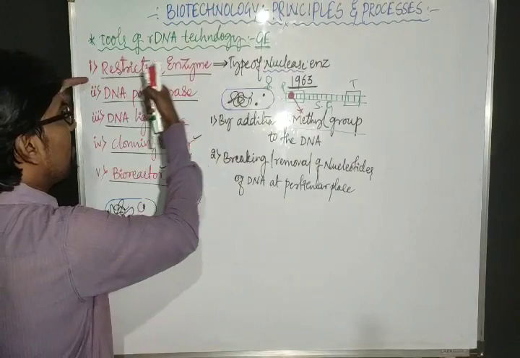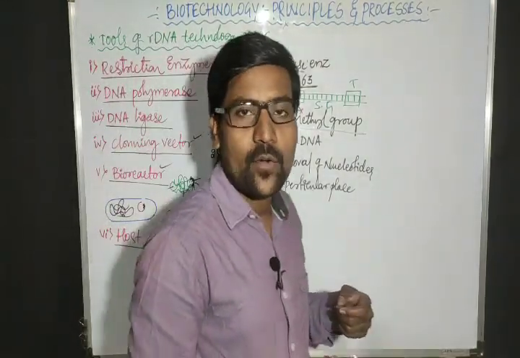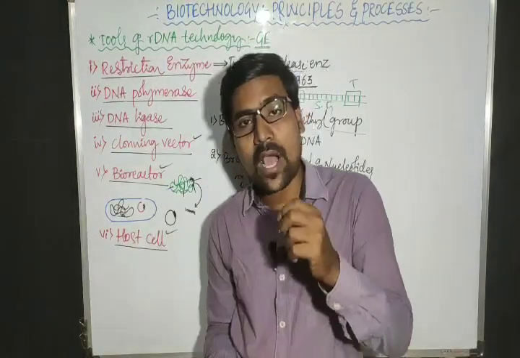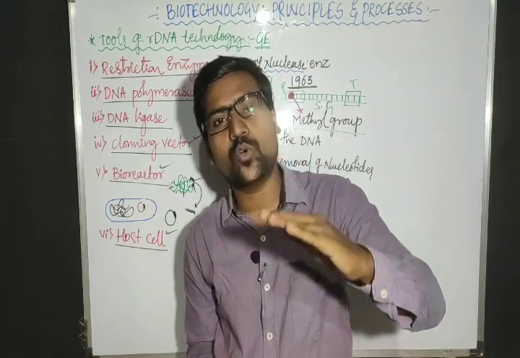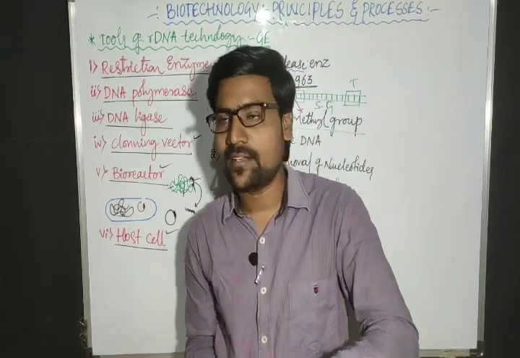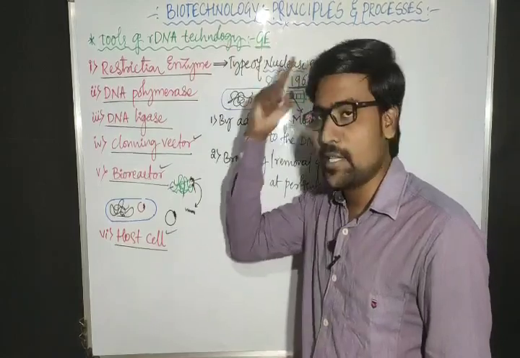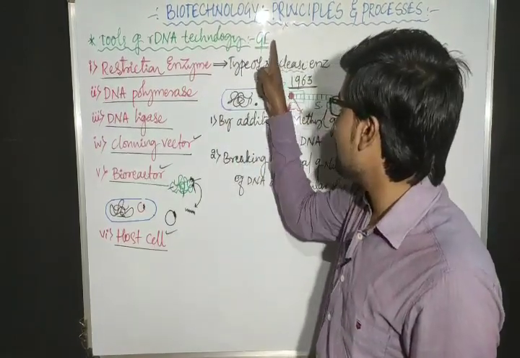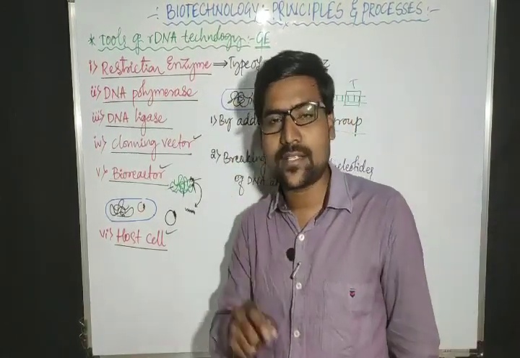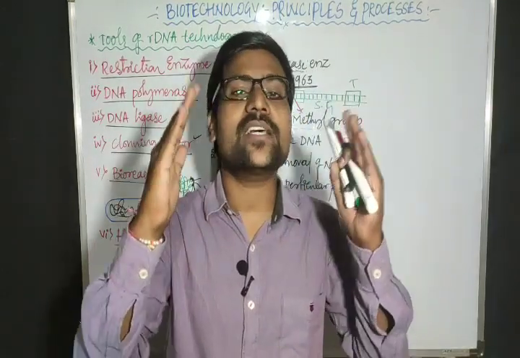They referred to it as restriction enzyme. Why the term restriction? Because it will restrict the growth of other DNAs inside this cell. Restriction enzyme is one special type of nuclease enzyme. Nuclease means it is a class of enzyme.